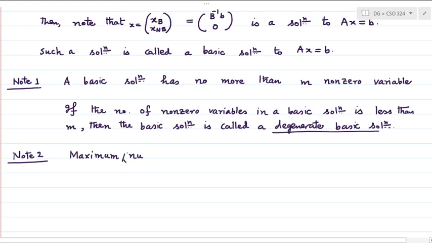I'm writing possible because you may have a possibility that not all the m by m submatrices of the matrix capital A are non-singular, and therefore the maximum possible number of basic solutions is n choose m.